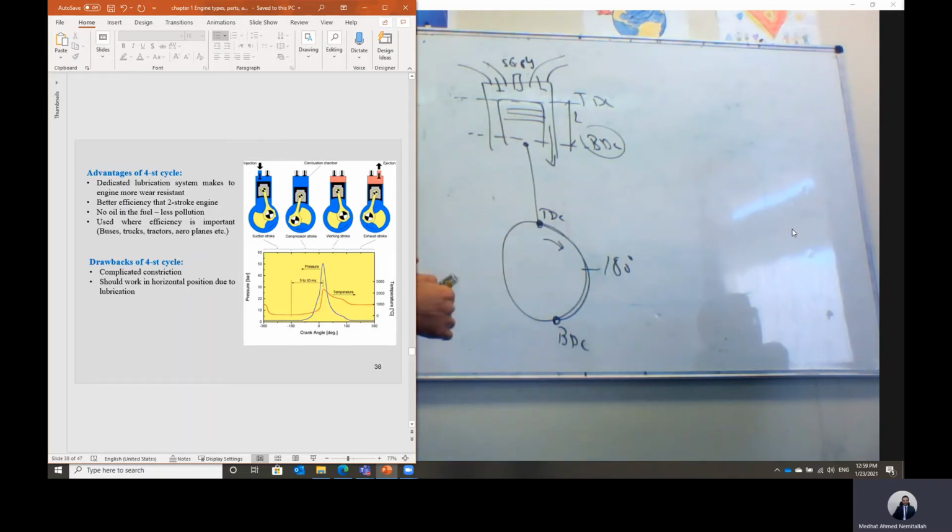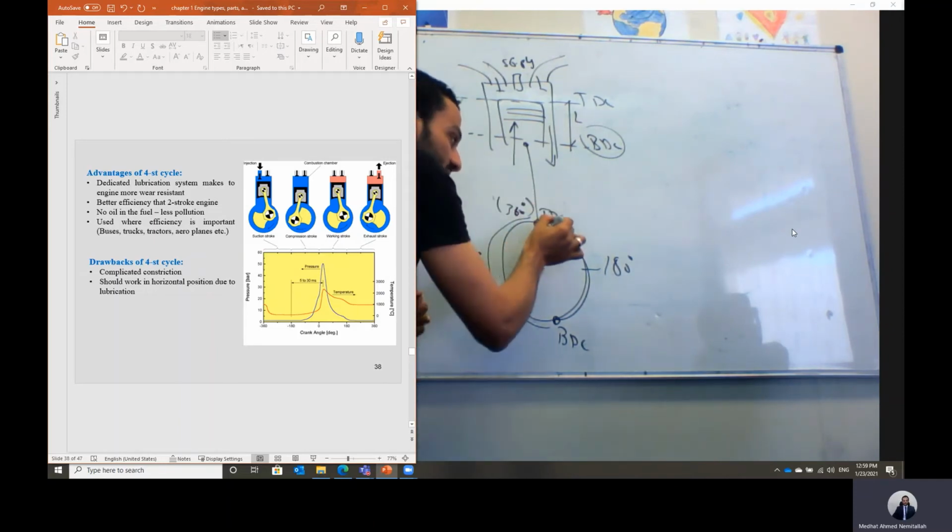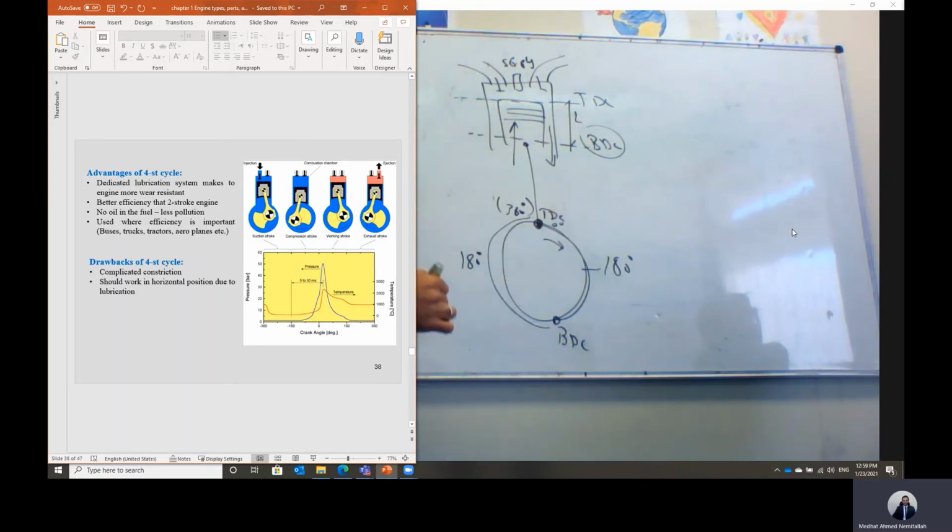When the piston starts moving up from the bottom dead center to the top dead center, it will be another half revolution, which is 180 degrees. 180 plus 180 is 360 degrees, and you get back to the same point, which is 0 degrees or 360 degrees.